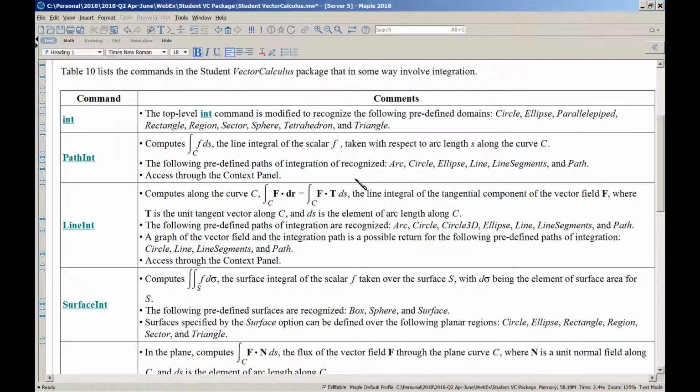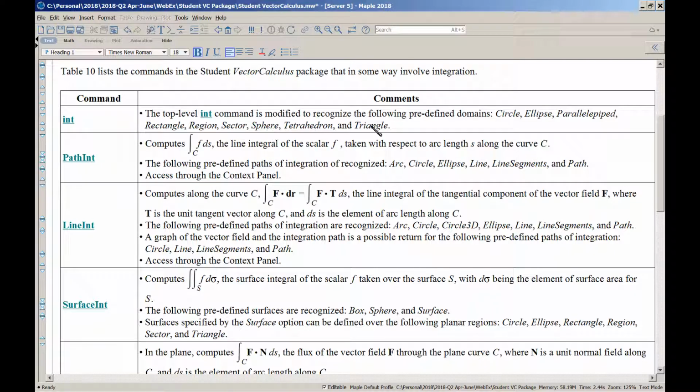So anyway, here are the commands. Int is a top-level command. It integrates stuff, but it's modified here in the package so that it recognizes some predefined domains. Here is a list: circle, ellipse, parallelepiped, rectangle. This is the arbitrary region, where you define a region parametrically. Sector applies to a circle or ellipse, so a piece of either one.